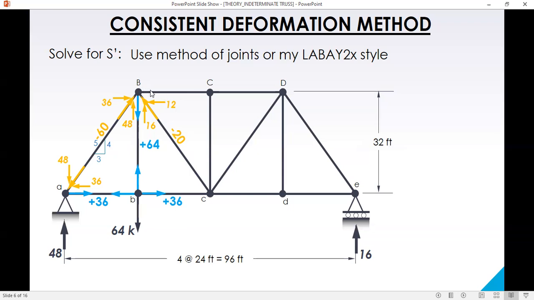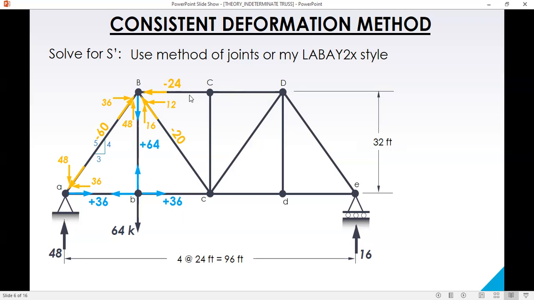And for this member, BC, let's check the horizontal forces. 36 to the right, 12 to the left. So we need 24 kips to the left para ma-zero. This must be compressive, negative 24.